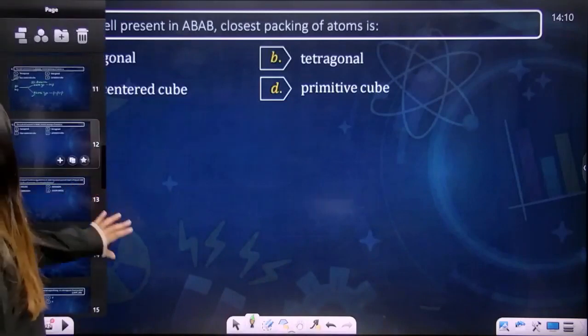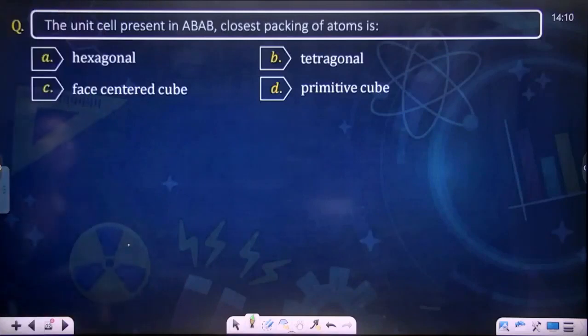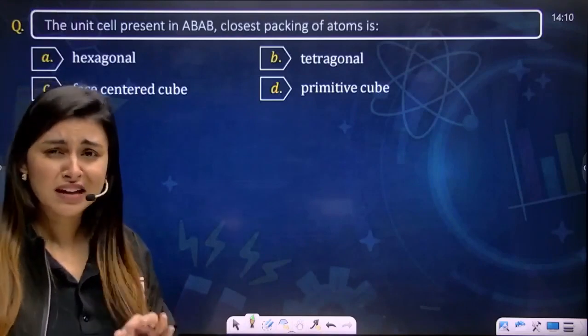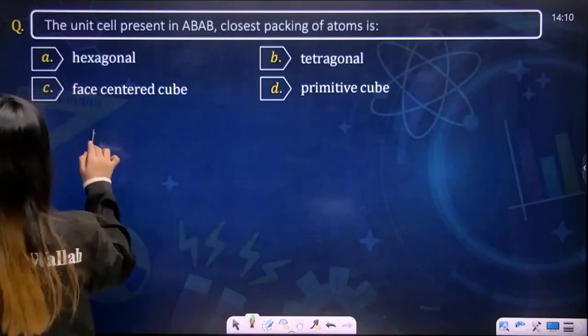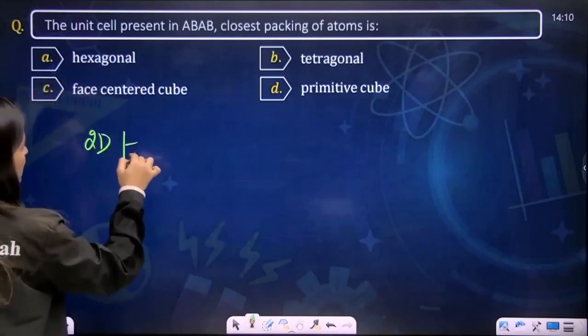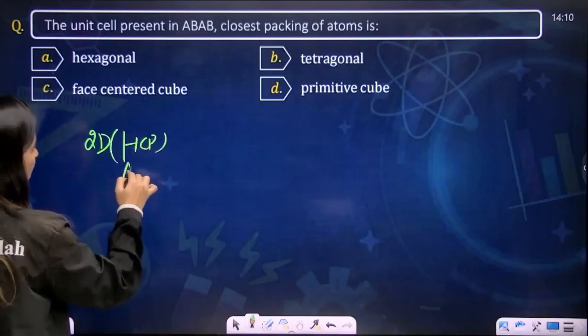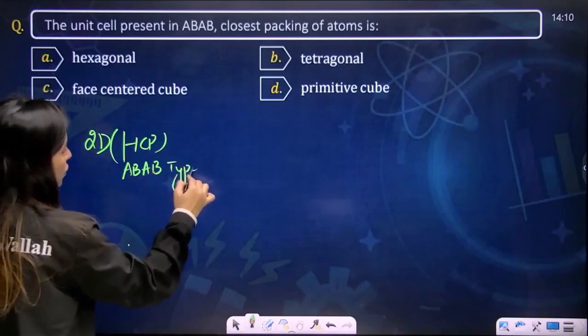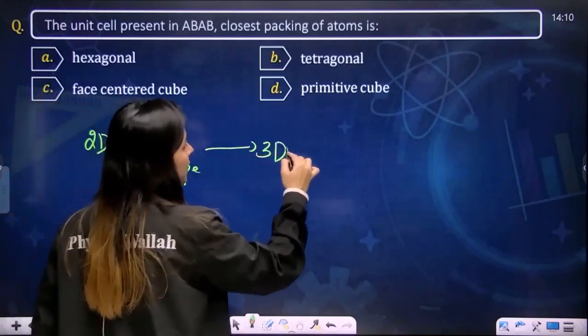Let's move to the next question. The next question says that the unit cell present in AB closest packing of the atoms is exactly same, my dear students. You went from two-dimensional HCP lattice, which was your AB type, to three-dimension. Now it could be two types.